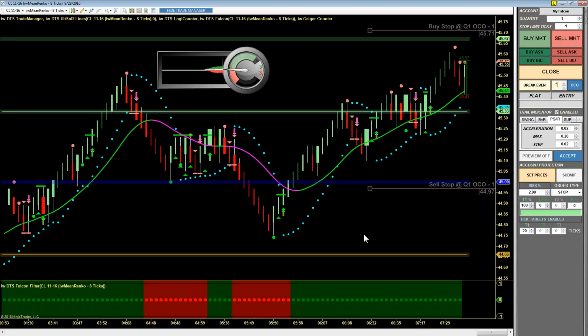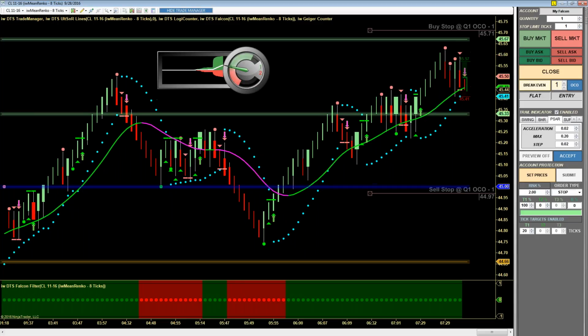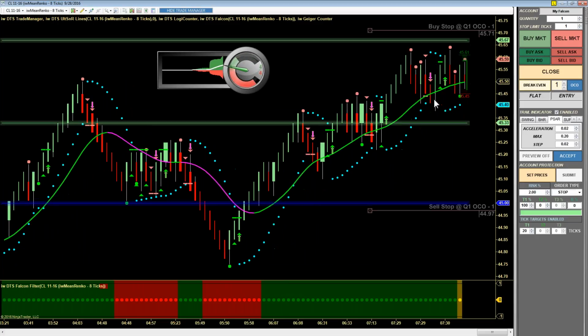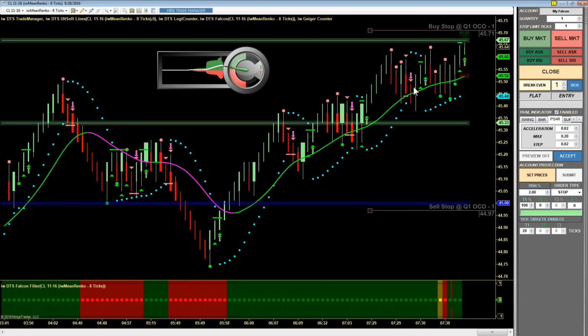There it is. The other way to trade crude inventory, of course, is just to allow the market to break out, as it did here, and then look for the follow-up signal.